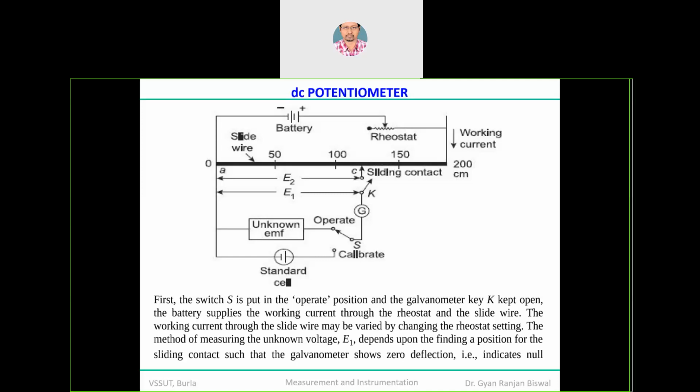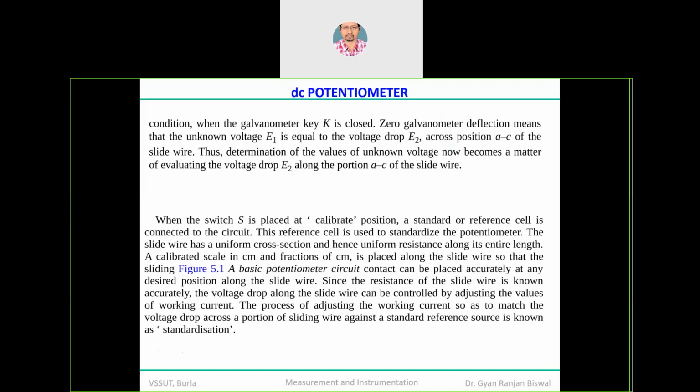In that case, the total ratio is source voltage Vs upon unknown voltage Vx, or E1, which is under measurement and required to be found, is equal to total distance D upon small distance d, which corresponds to E2. So the rest of the three parameters are known, and that is how you are able to calculate the unknown value of the voltage. That is how the basic potentiometer circuit works.